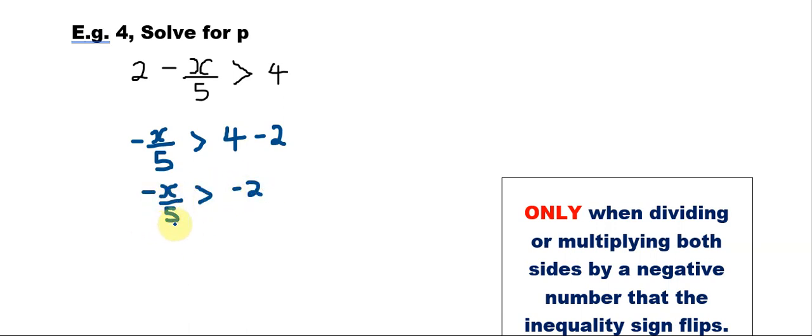So what do we need to get rid of here? We can just go right ahead and get rid of that denominator 5, but we could get rid of the negative sign as well in one shot. So we could just multiply all of this by -5. So I'm going to write it here, multiply all of that by -5.